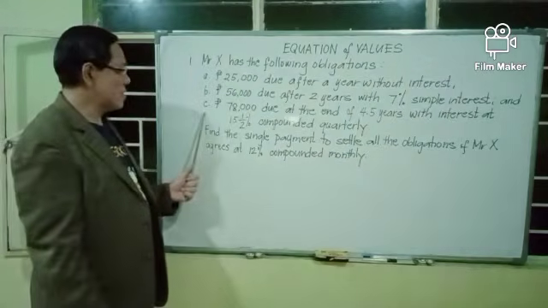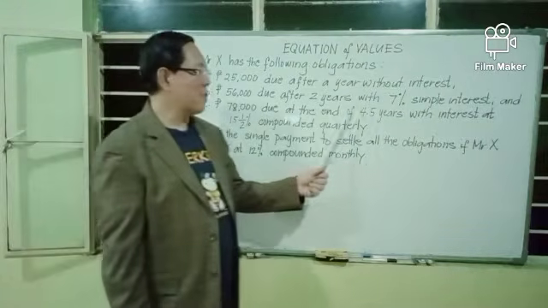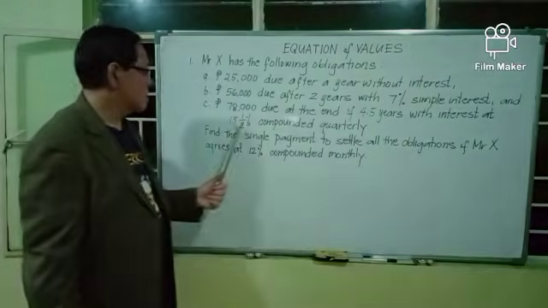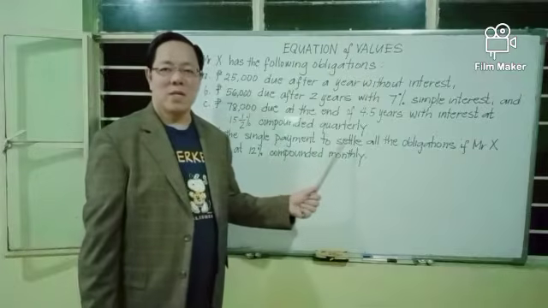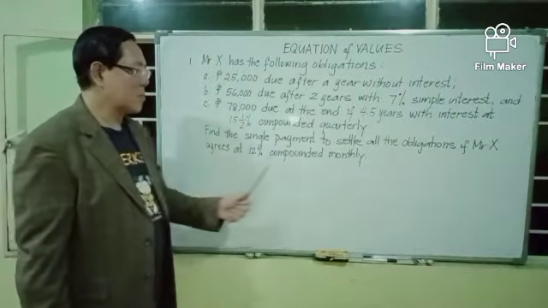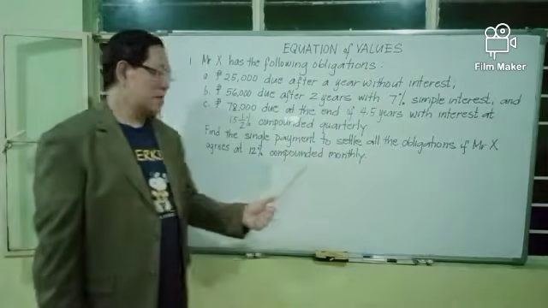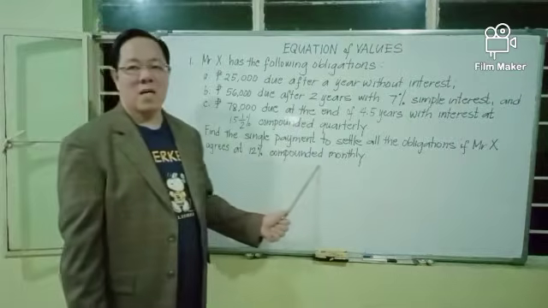And C, 78,000 pesos due at the end of 4.5 years with interest at 15.5% compounded quarterly. Find the single payment to settle all the obligations if Mr. X agrees at 12% compounded monthly.